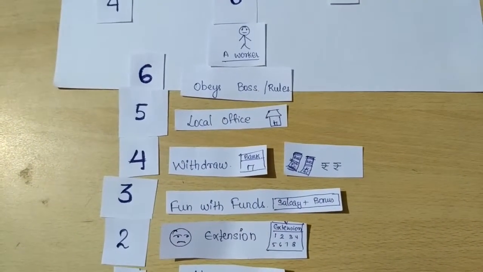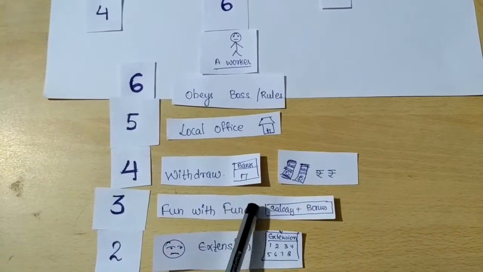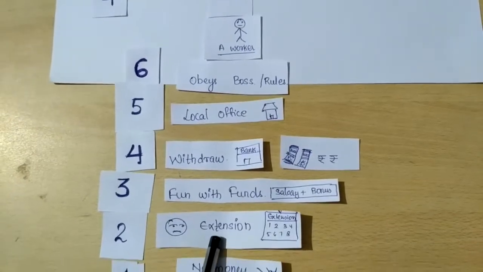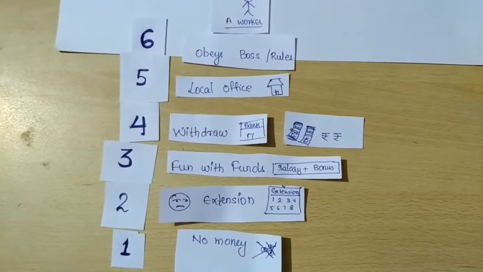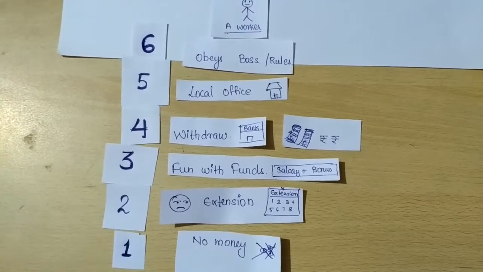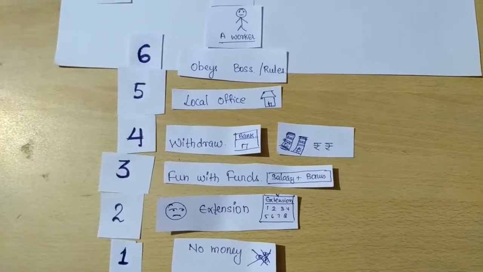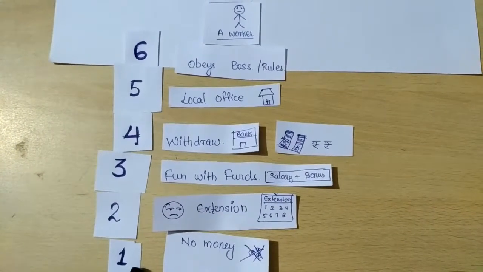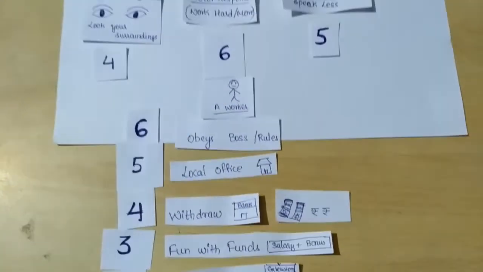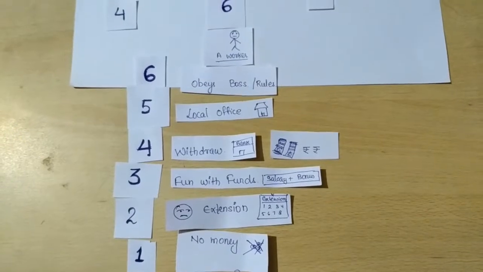It starts with F, flexion. So fun with funds will be abnormal flexion, graded 3. The word extension will give us abnormal extension. If there is an abnormal extension as a motor response, the person will be graded 2. And if there is no motor response, no money, he will get a 1. So these are the grades of the motor component.